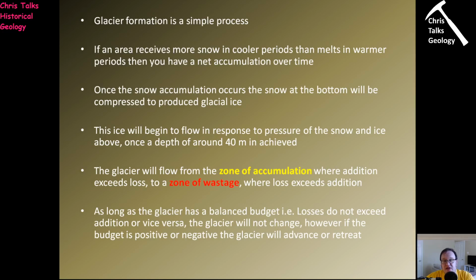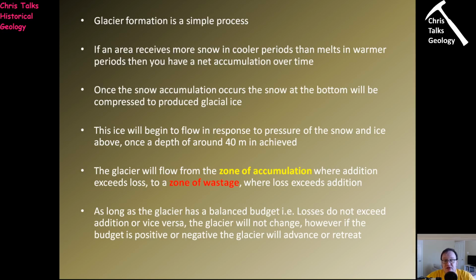This ice will begin to flow in response to pressure as more snow and ice forms above it. As more and more weight is put on it, it will naturally start flowing away from that point under gravity. Typically you'll need about 40 meters to make this start to happen.